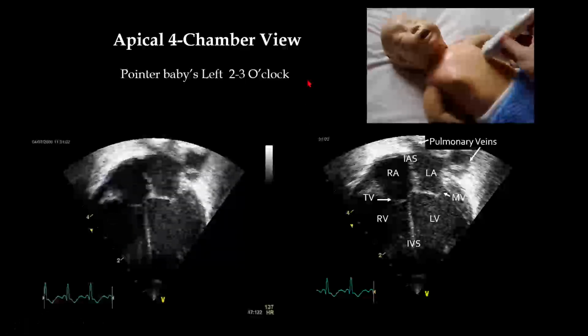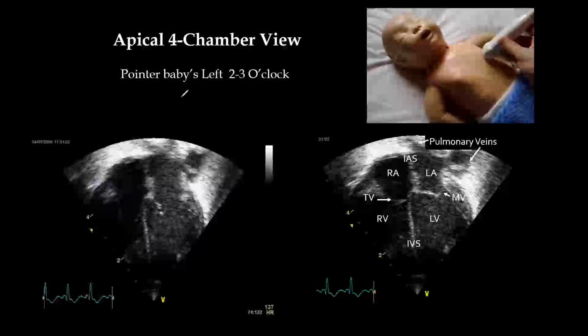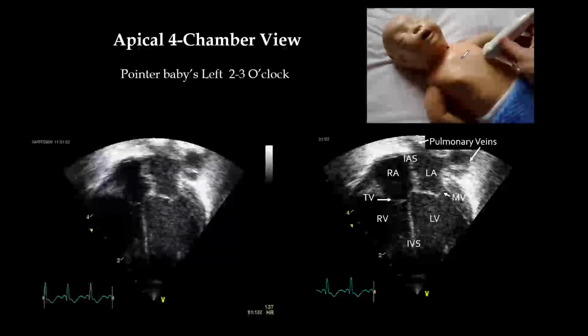Why? Because whenever I see a heart, imagine the heart in the chest lies like this. So your ventricles are towards the probe. Here is your probe. So I always imagine the heart with the ventricles down towards the probe and atria above.